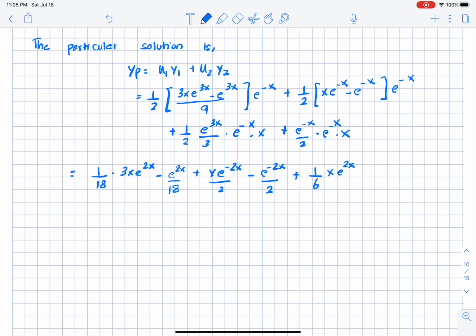And another term, we have e^(-x) times e^(-x), e^(-2x) times x over 2. We can combine the terms now.